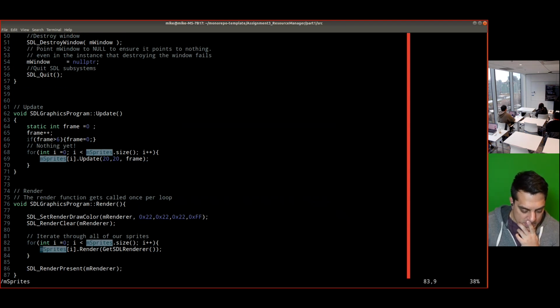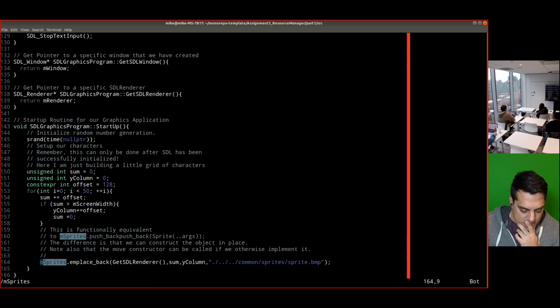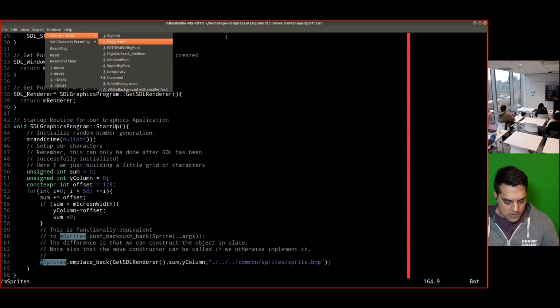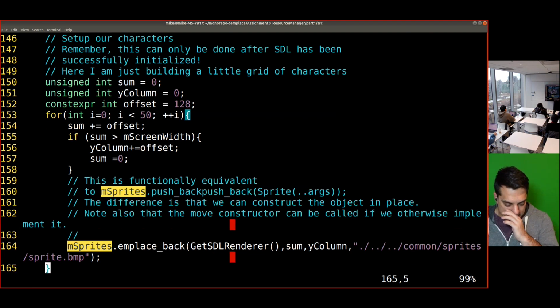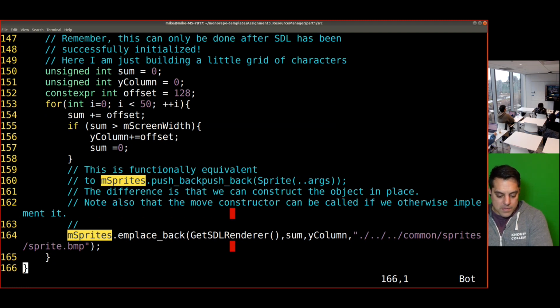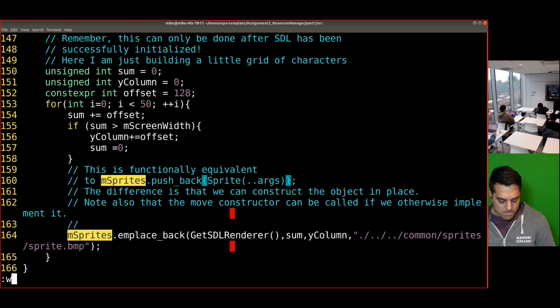Let's see here. Okay, so yeah, this is what I'm talking about. Yep. Okay. That's causing problems here. Because we're using a vector, and vector resizes whenever it goes out of space, right?